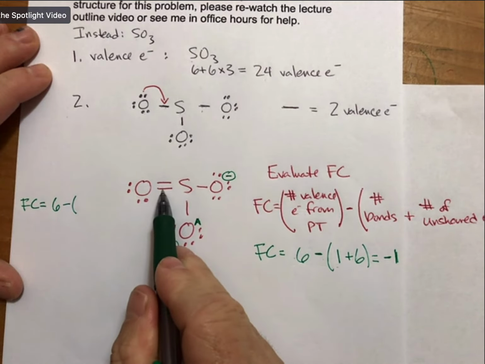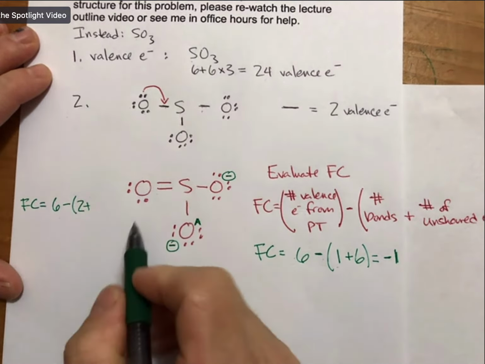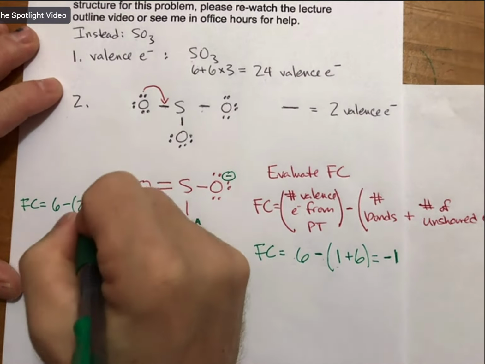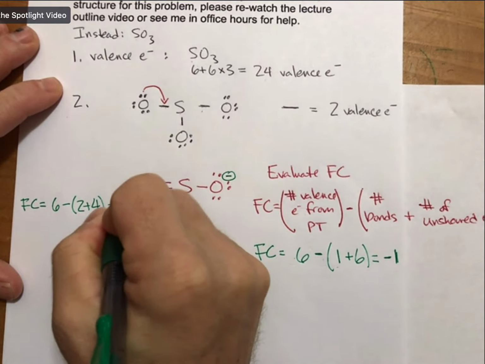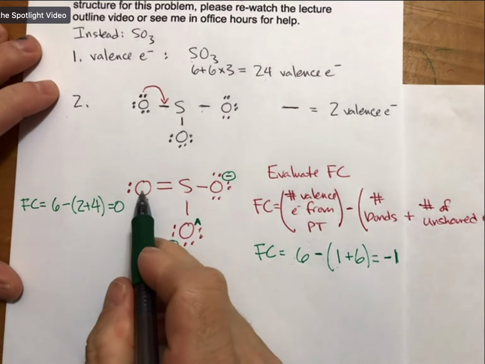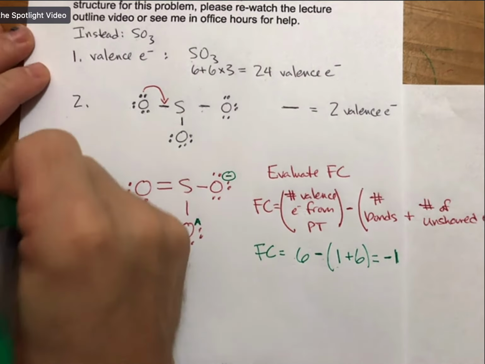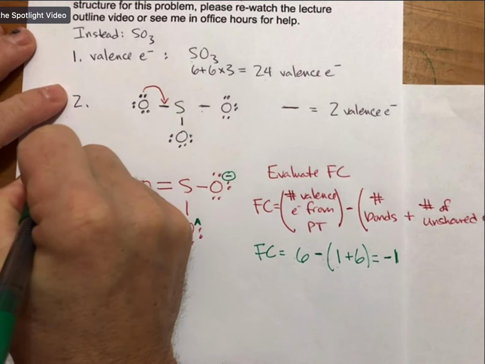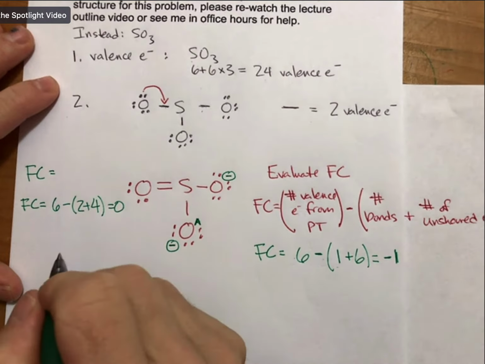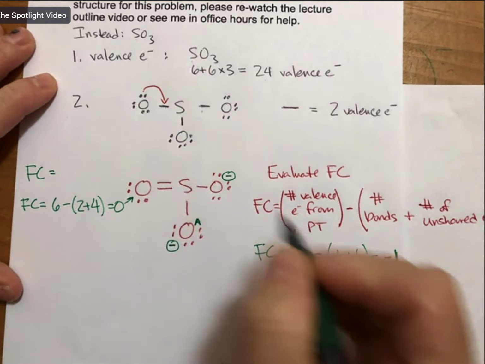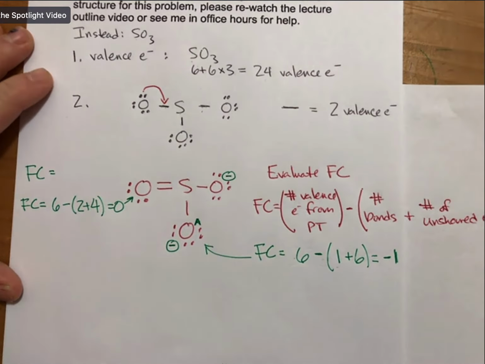Now I have 2 bonds plus 1, 2, 3, 4 unshared electrons. The formal charge on this oxygen is 0. Now let's do the formal charge on sulfur. So that's for this oxygen, and these are for these oxygens.